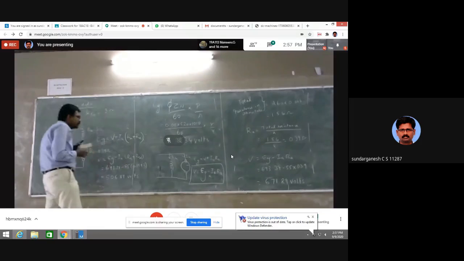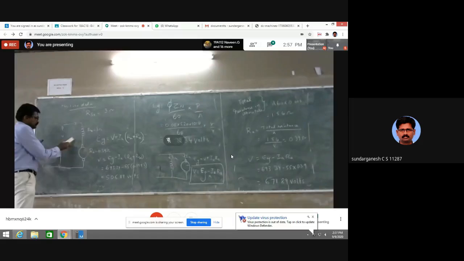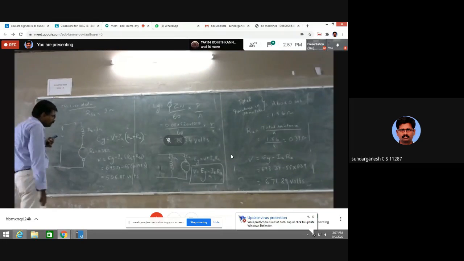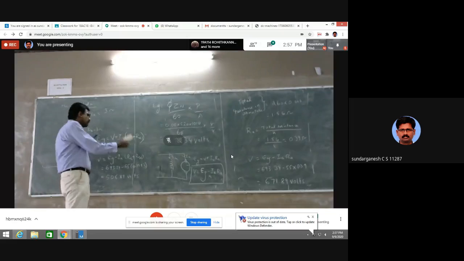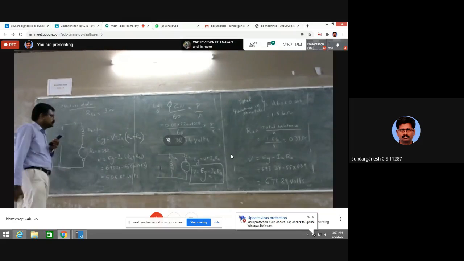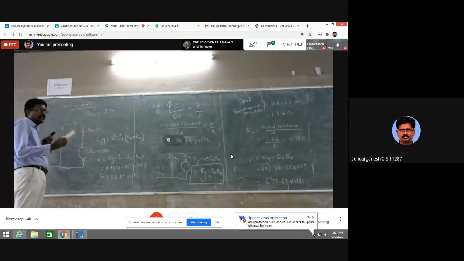So depending upon the connections, the equation for generated EMF varies. For a shunt generator, EG equals V plus IA RA. For a series generator, it is V plus IA into (RA plus RSE). So what generator they have asked in the problem, you have to see that.